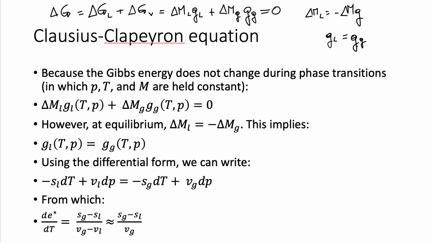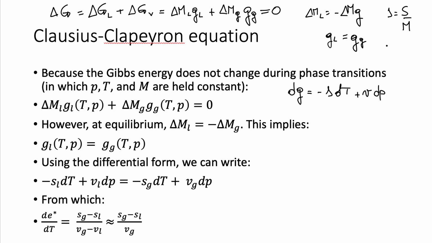Very good. We also remember that Gibbs energy had a differential form. Specific Gibbs energy can be written like this: dg equals minus specific entropy s dT, plus small v dp. What is small v, you may ask? Remember how we said specific entropy was entropy divided by the mass?